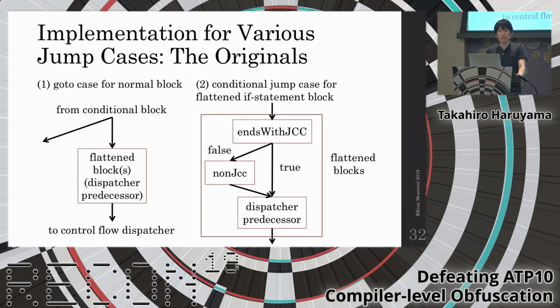The third modification is about implementation for various jump cases. The original implementation supports 2 jump cases. One is the goto case for a normal block. The other is the conditional jump for a flattened if statement block. If the next block is resolved, the control flow graph and the destination of the jump instruction are updated.